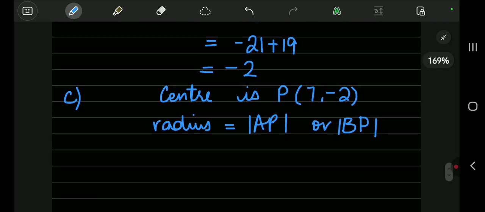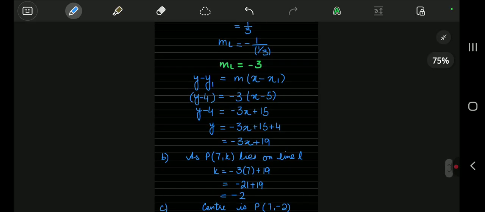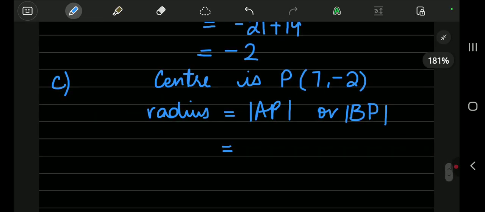So let's do that. What are the coordinates of A? A coordinates were (-1, 2), and P coordinates we know to be (7, -2).